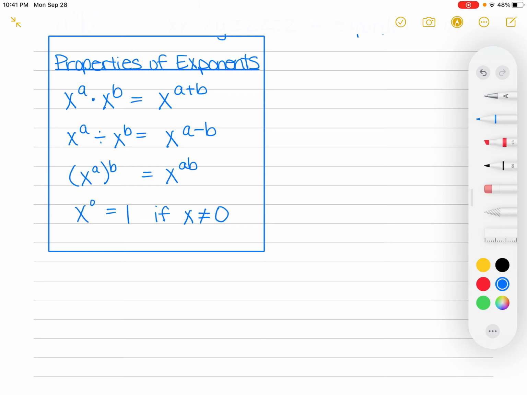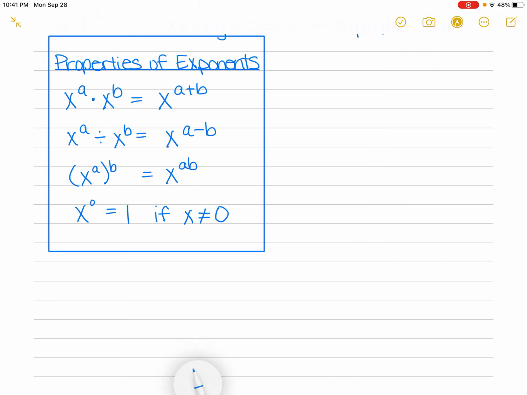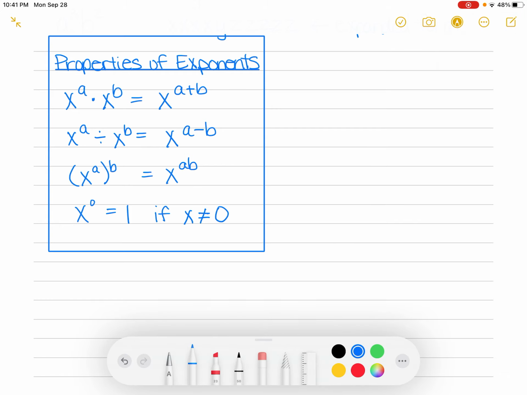We're going to use one of these properties, and I'm going to move over to the side of the paper. You can put it underneath, though. I'm just trying to save paper. If I had 5 squared divided by 5 cubed, how am I going to work that?